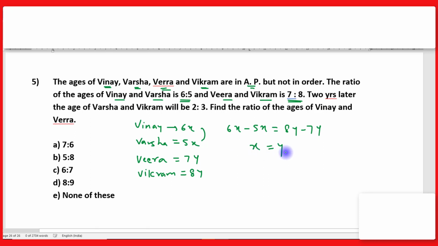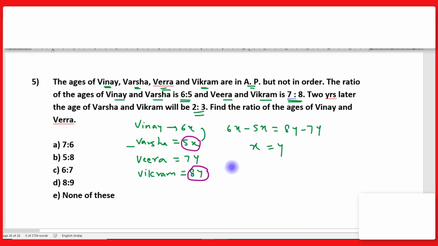This we have got. Now 2 years later the ratio of the ages of Varsha and Vikram will be 2:3. 2 years later, Varsha's age is what? 5x.